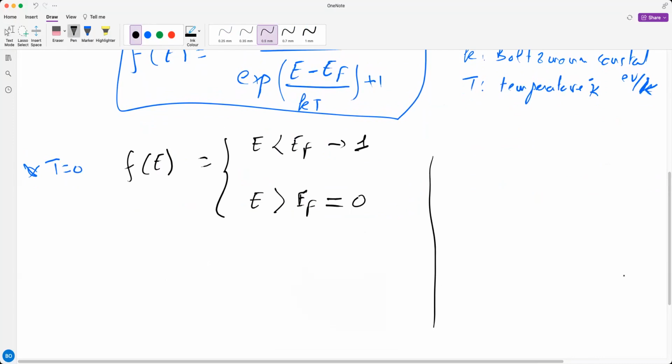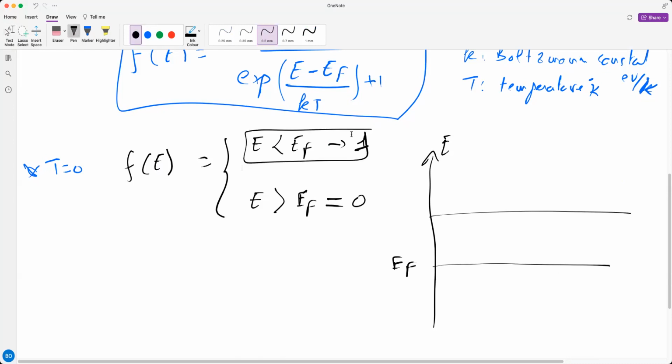What is the Fermi level? If I look at the energy, the Fermi level is the energy under which all energy states are occupied. So all energy states below the Fermi level have a full occupation probability, which is 1. So this is occupied, and this is empty.